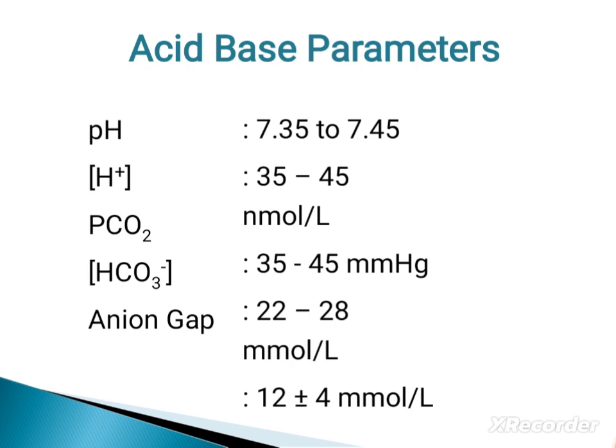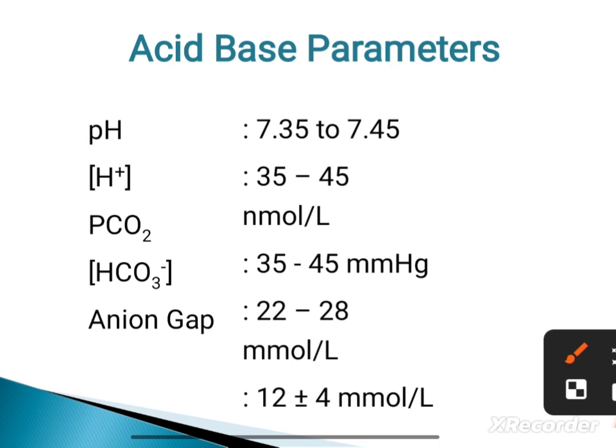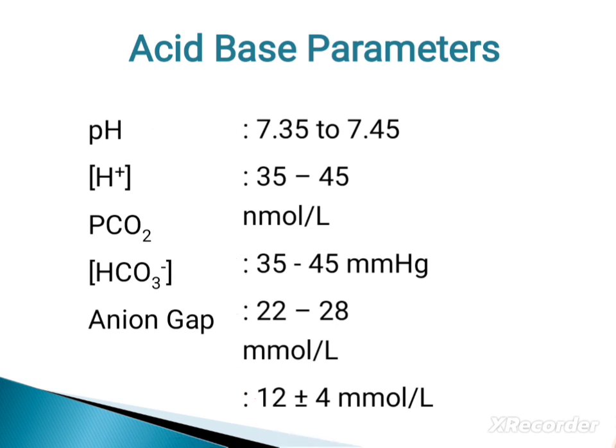The third parameter, here some occurs. pH will be like this, bicarbonate this, partial pressure carbon dioxide this, and this is the bicarbonate level, and this the anion gap. So normal blood pH is 7.35 to 7.45.